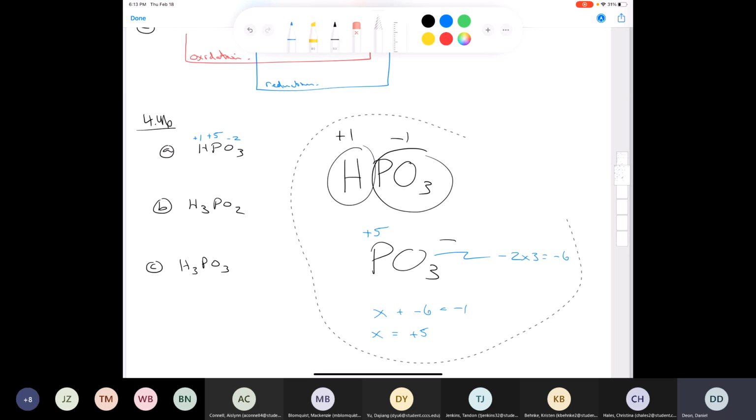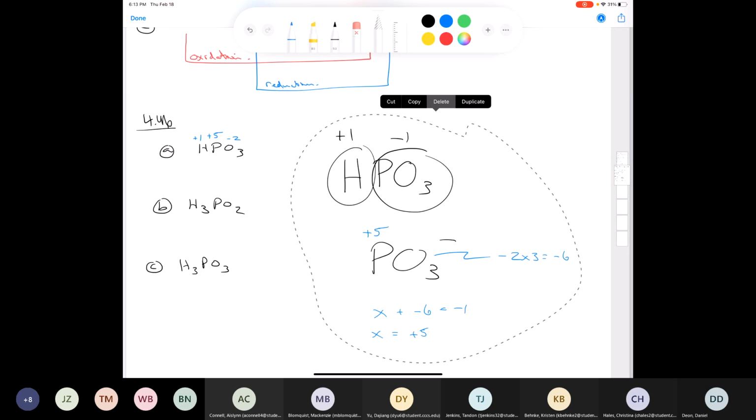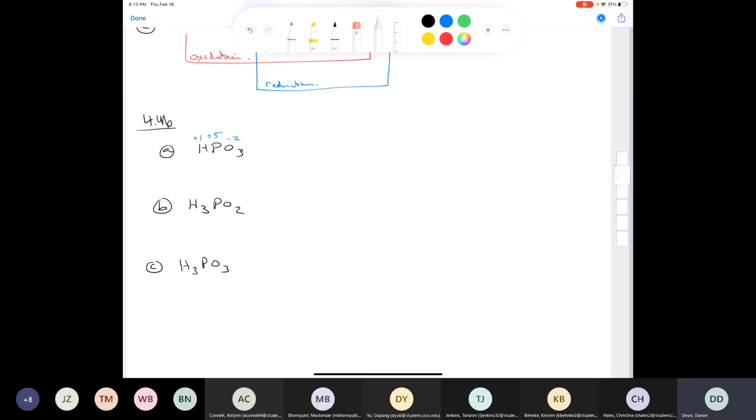Let's go over to the next one. So now we've got H3PO2. Give it a shot. Each one of the hydrogens is +1, so +1 times 3 tells me that overall I have +3, which tells me that the PO2 ion must be -3.